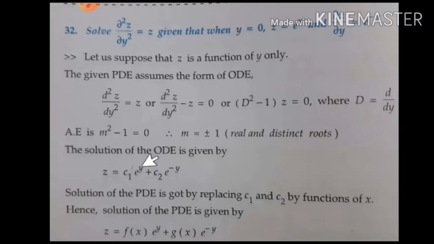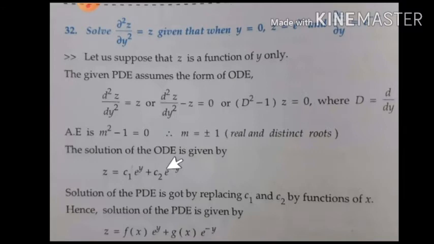Earlier in model 2 we used to write the answer in terms of x, but here we have written in terms of y, because in the given differential equation, what we converted into ordinary, the independent variable here is y. Always the dependent variable answer we write with respect to the independent variable. So, this is a solution of ODE.